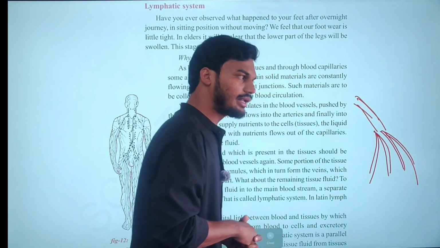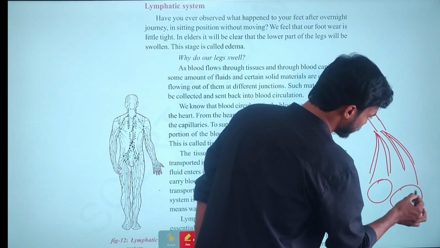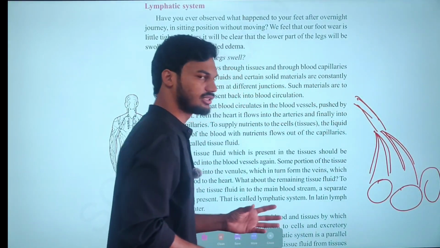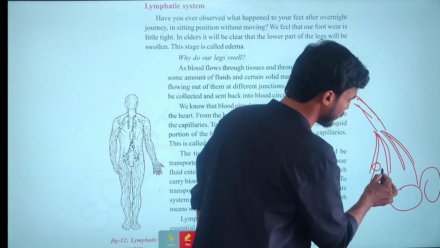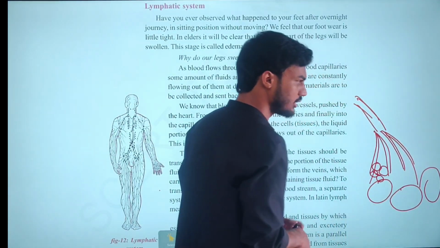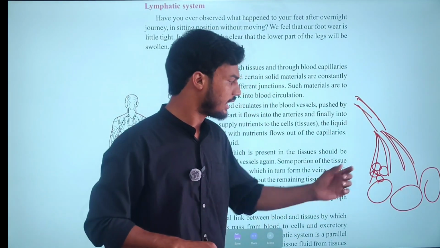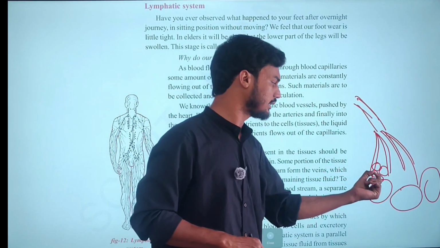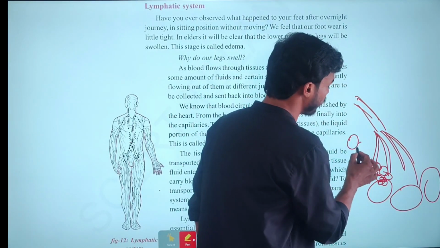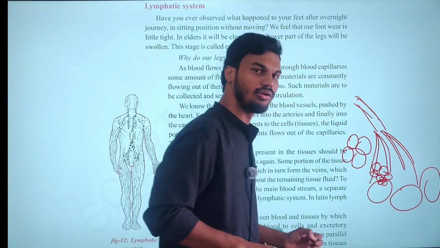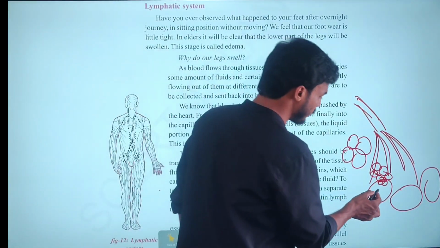From the blood capillaries, the blood is able to reach the tissue level, meaning the tissues get some amount of nutrients, food and oxygen. Directly from the blood capillaries, a light white fluid-like structure enters the tissues.